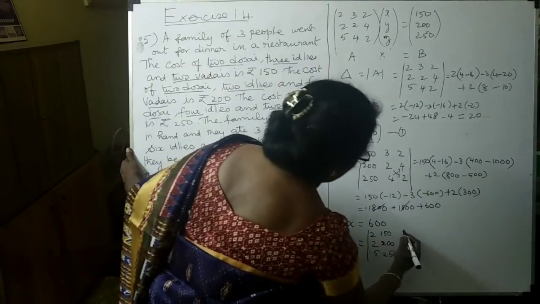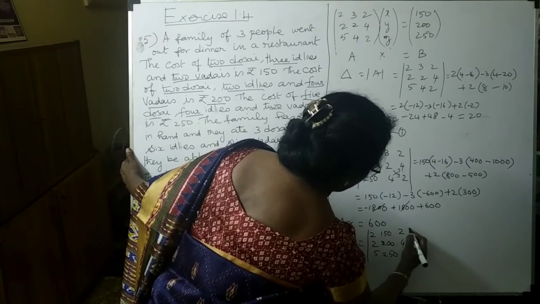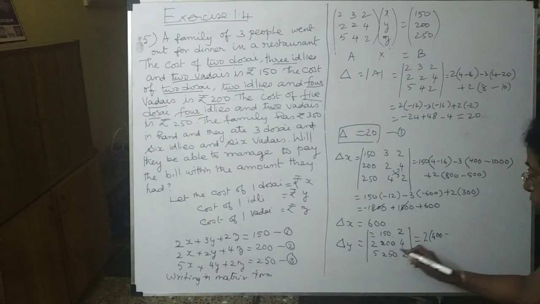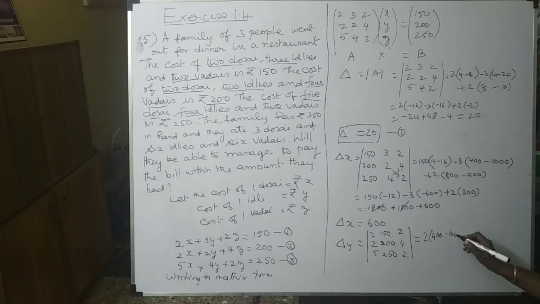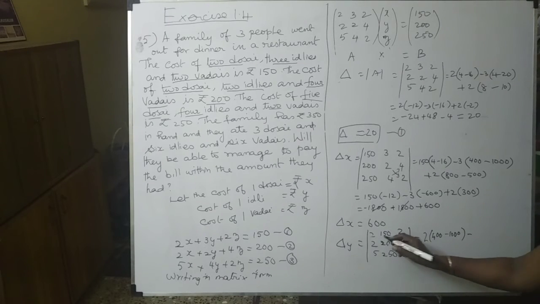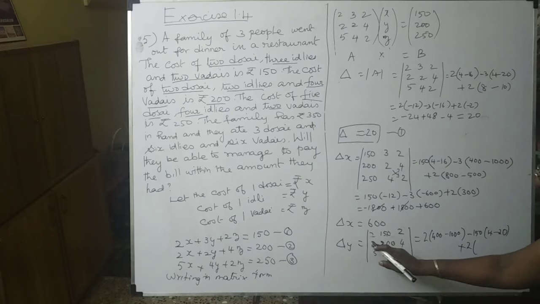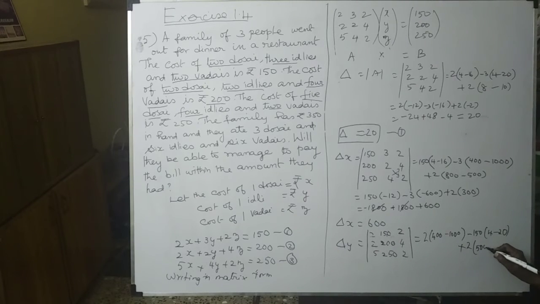The third column is going to be 2, 4, 2. This is equal to 2 into (200 into 2, 400, minus 250 into 4, 1000), minus 150 into (2 into 2, 4, minus 5 into 4, 20), plus 2 into (2 into 250, 500, minus 5 into 200, 1000).